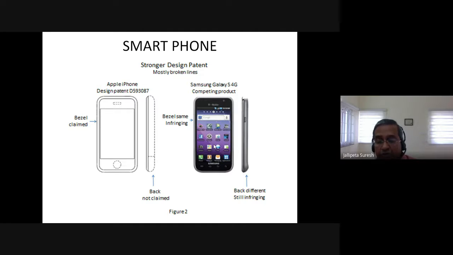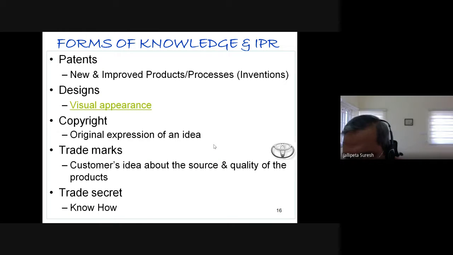Nobody knows what amount was settled between Apple and Samsung. So that is just to highlight the importance of this intellectual property. It may look so simple, but look at the enormity of the impact that it can cause. It is like make or break.